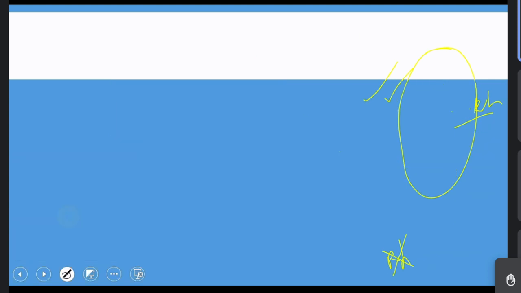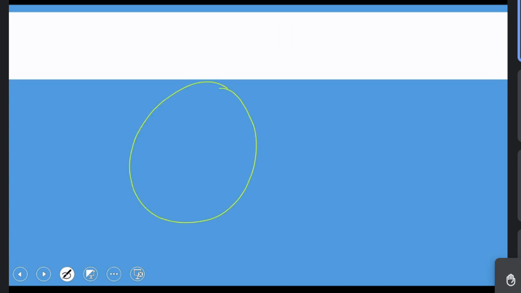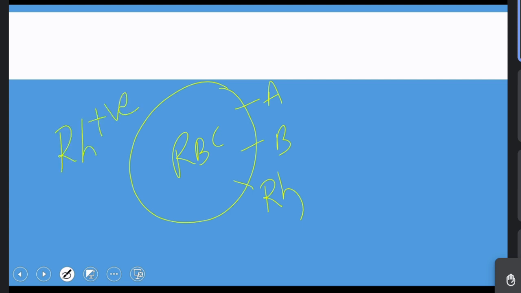So with this experiment, what the scientists found is that on the surface of RBC, in addition to A and B antigens, we also have another antigen called Rh antigen. Those individuals with Rh antigen are called Rh positive individuals, and those individuals whose RBC contains either A or B, or both, but none of the Rh antigen, are called Rh negative.